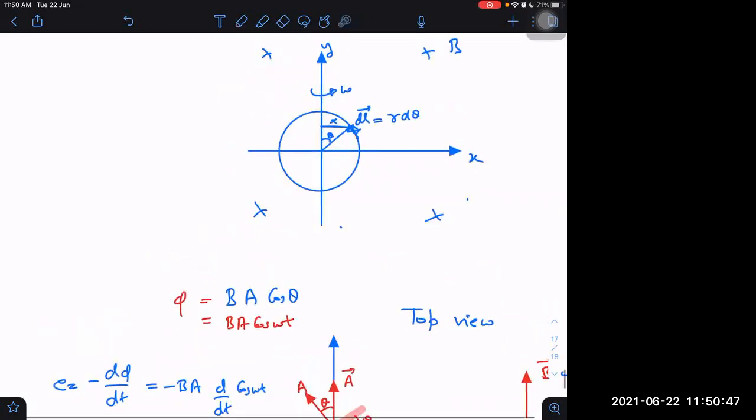It will be rotating in radius X, or not? Yes, sir. What would be its velocity? Its velocity would be omega X, into the plane.